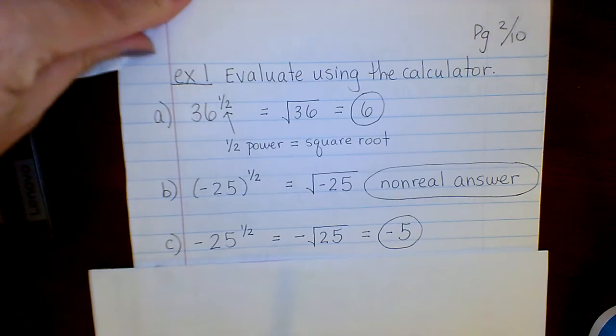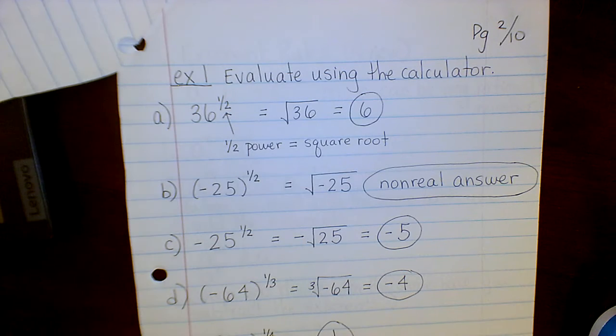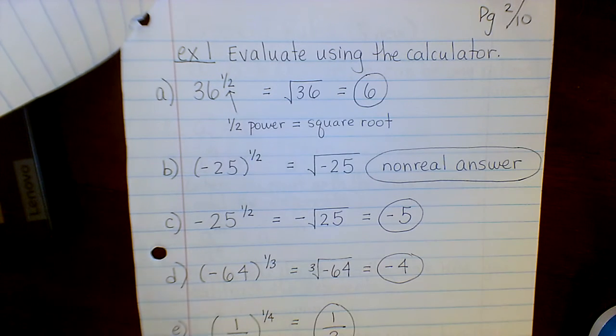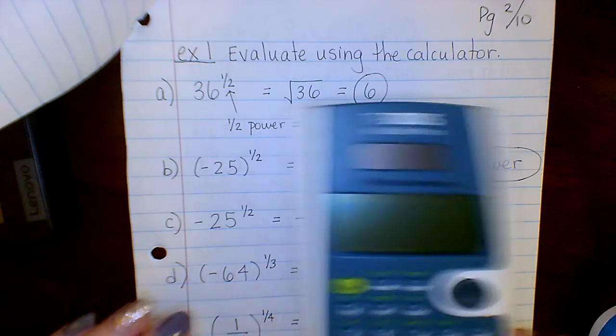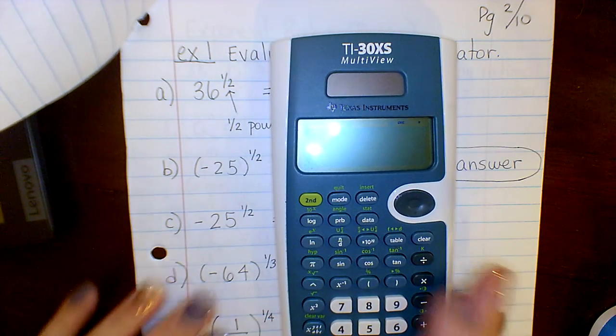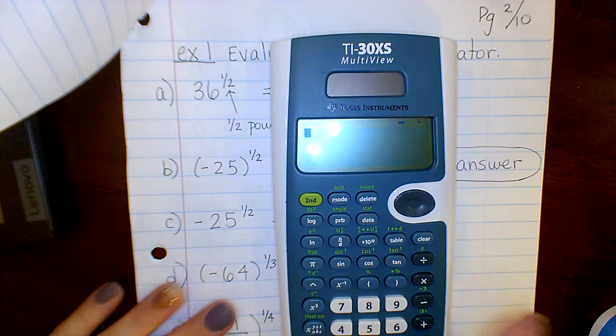So, let's break out the calculator and do a few examples. Pause the video, grab your calculator, and let's do some examples. So 36 to the 1/2 power. That's the same thing as the square root of 36, but let's do it in exponent form.